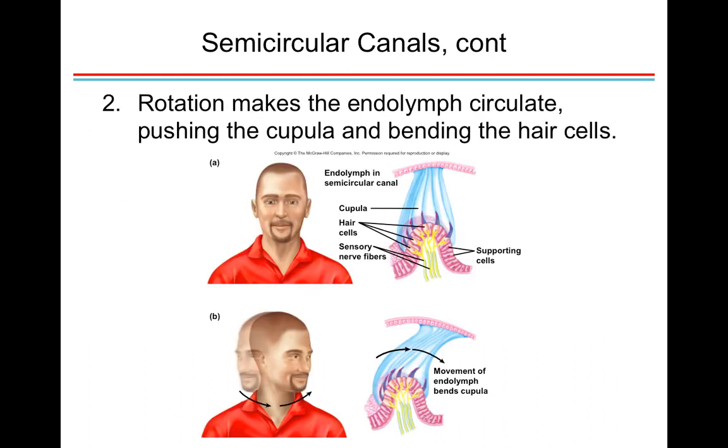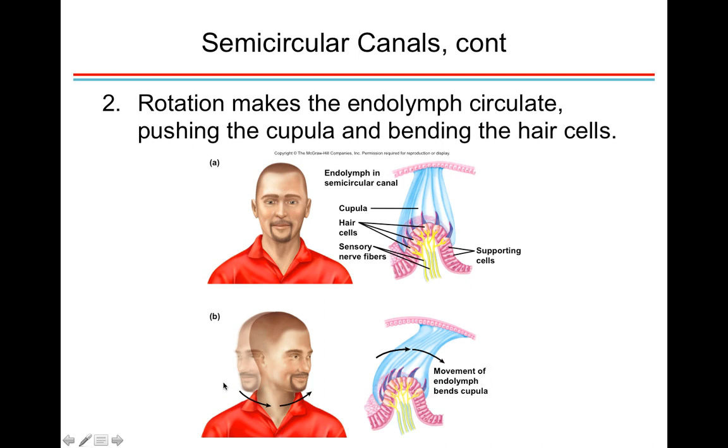So here's a picture of a man who's turning his head sideways, and I just wanted to show you how the hair cells can be detecting this movement. So here's the rest. You see the stereocilia going straight up, but then he's moving his head in one direction.